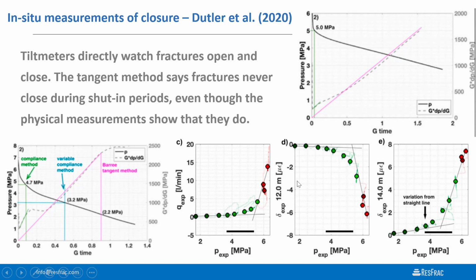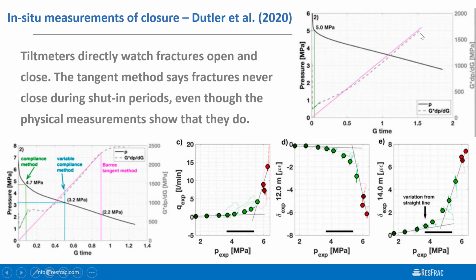So they can compare these sorts of measurements to things like the tangent method. For example, in the bottom left here, I'm trying to remember which of these is which. I believe what they're showing is that the actual physically measured stress here was about 5 megapascals in this experiment, but the tangent method just shows G times dP/dG going up continuously.